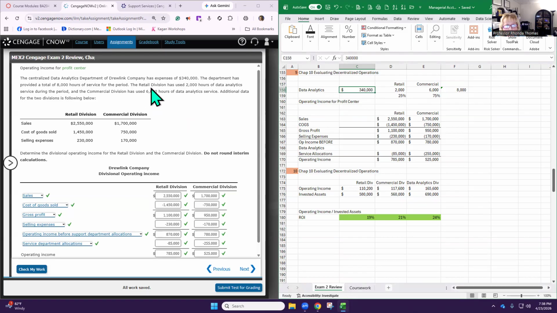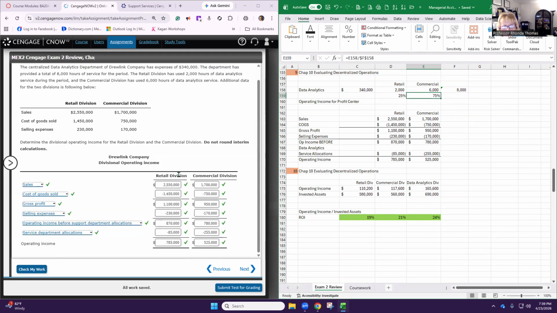The retail division has 2,000 hours of data, and the commercial division did 6,000. Together that added up to 8,000 service hours for the period. So this division used 25% of them, and this division used 75%. We will get to this down here, but let's put in our sales first.